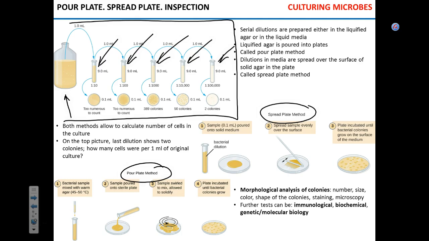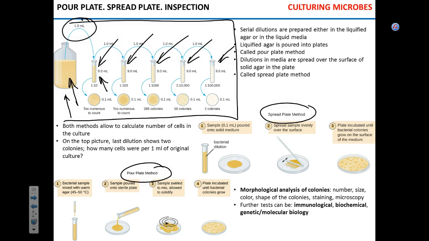So you take 1 milliliter of your original culture and move it to the first tube, to 9 milliliters of medium. What's the total volume? 10. What's the dilution factor? 1 to 10. 1 to 10, or 10 to whatever you want to call it. 1 to 10. Okay? You mix it well.